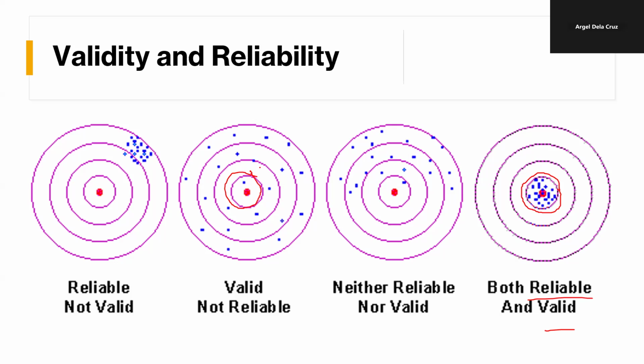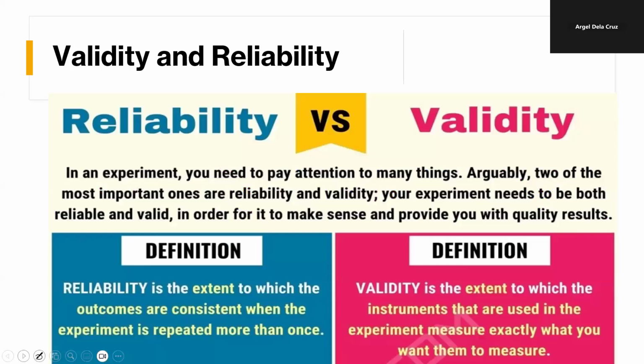Just imagine your BP apparatus or thermometer having this kind of phenomenon. So this will put the researcher in a very compromising situation of accuracy. So, for short, we need both reliable, meaning consistent, and valid, meaning accurate, measurements coming from our instrument. Now, how can we have accurate measurement?